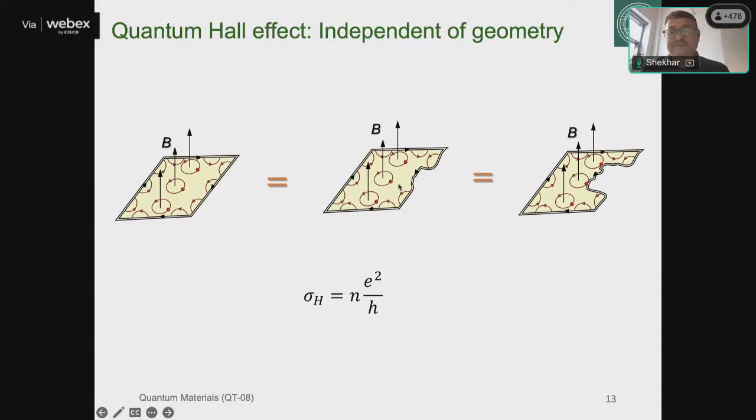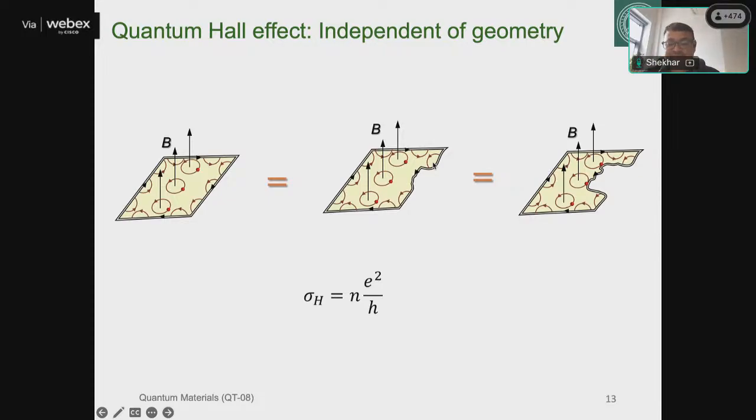When you deteriorate the edge or squeeze the edge, all these quantities remain the same. It doesn't matter what the shape and size are, because all this current is going through the edge.